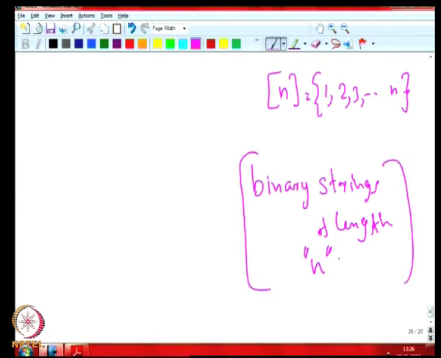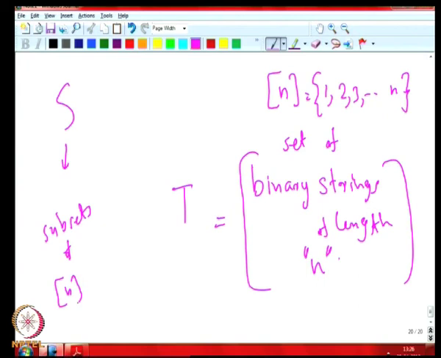So this will be our T, the set of binary strings of length n, and S will be the subsets of this n-element set. We will now establish some bijection f between S and T. This is our plan. How do we do this?